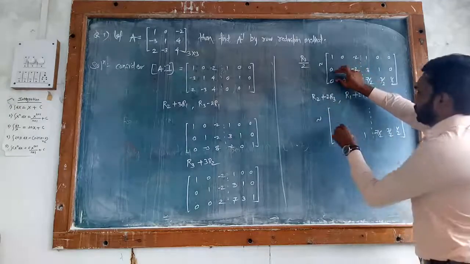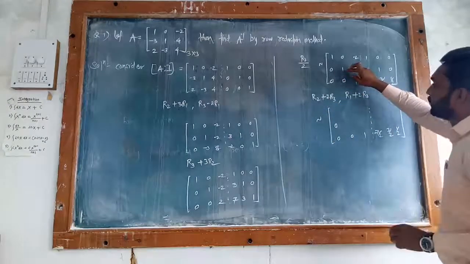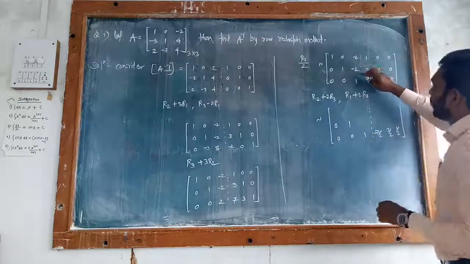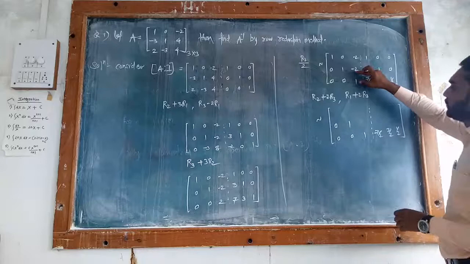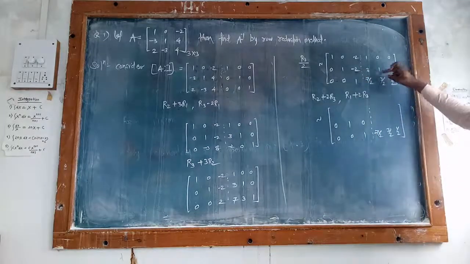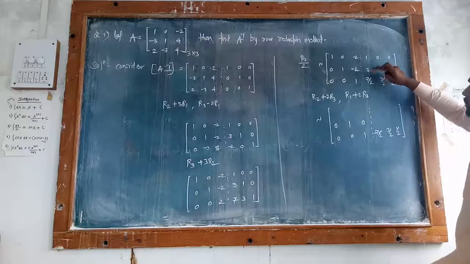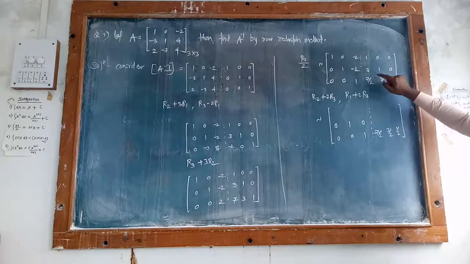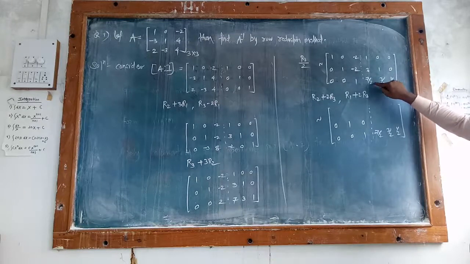Now 0 plus 0 is 0, again 1 plus 0 is 1, again minus 2 plus 2 becomes 0, right? For this one, R2 plus 2 times R3: 3 plus 2 times 7 by 2.